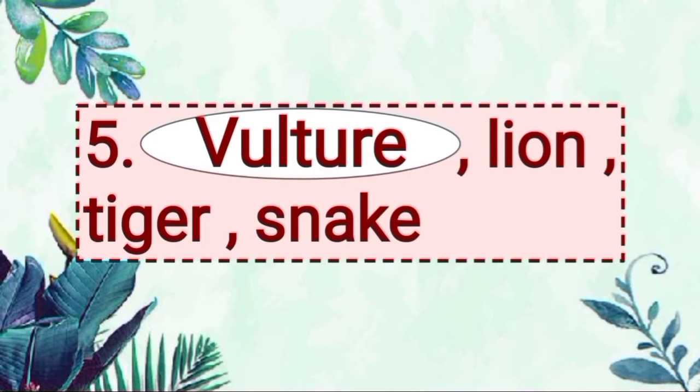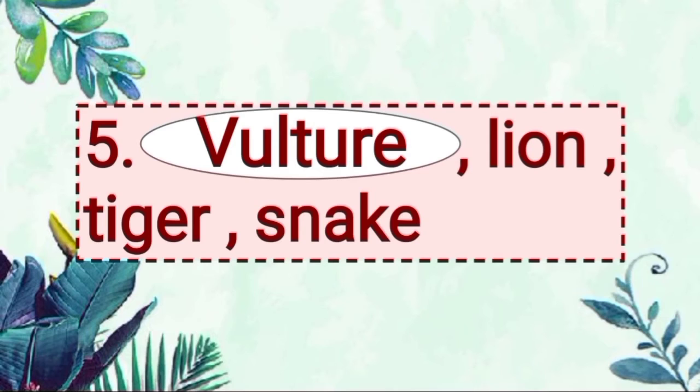Now next, V-U-L-T-U-R-E, vulture. Second word L-I-O-N, lion. Third word T-I-G-E-R, tiger. And fourth word S-N-A-K-E, snake. Here vulture is an example of a scavenger, which means there are some flesh eating animals that feed on the flesh of dead animals.